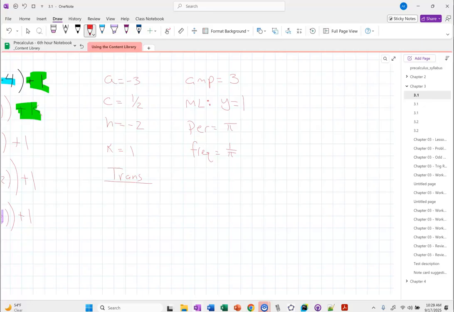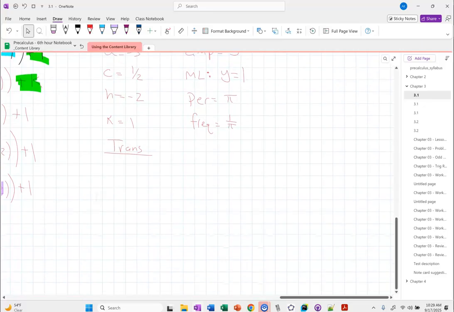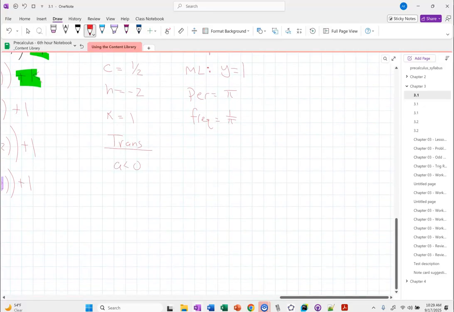All right. So Tessa, you're up, right? Tell me what transformations come from the A. A is less than 0, so it reflects across the x-axis. Yes.